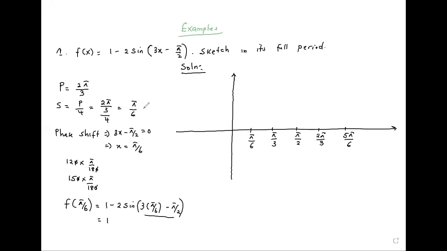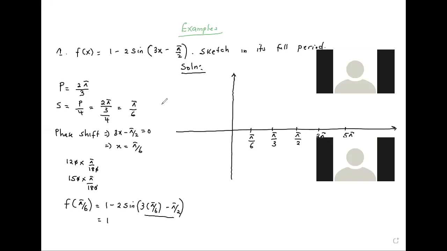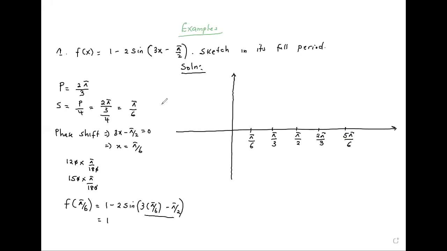Sir, what are you adding at first for you to get pi over 6? It's 0. For you to get pi over 6 is the shift, the phase shift, which is always our starting point.